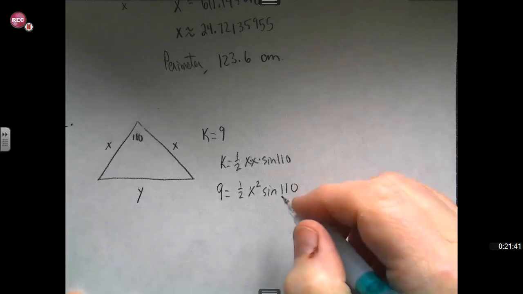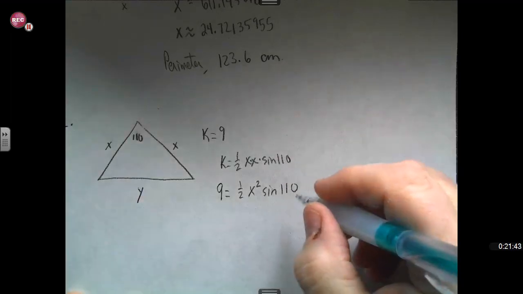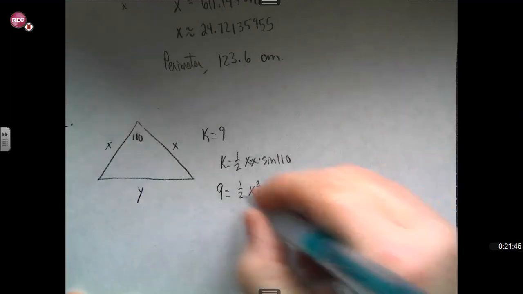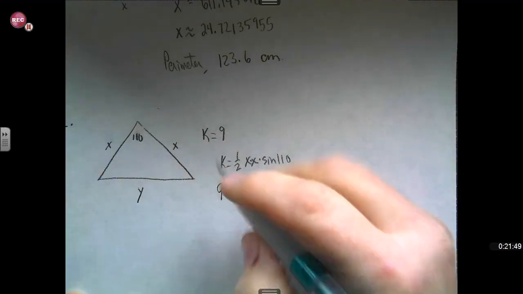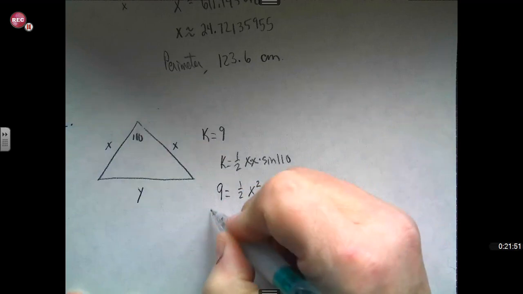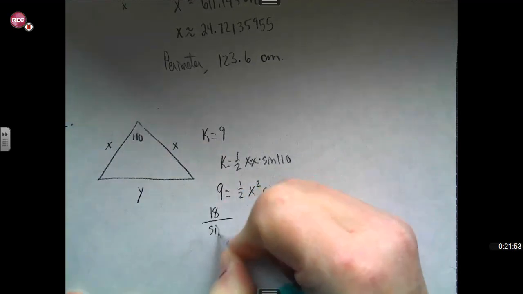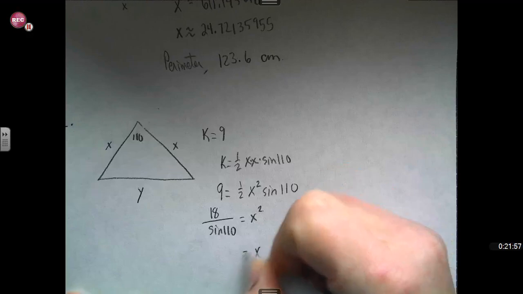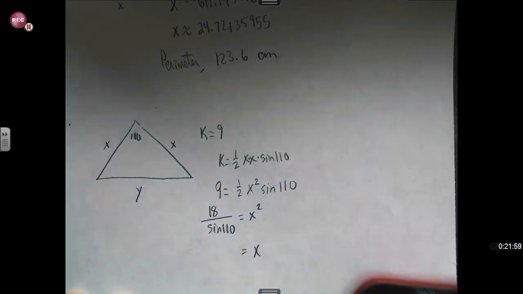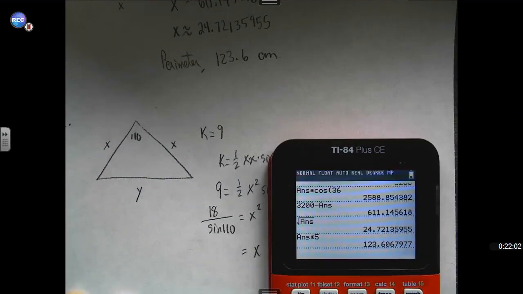And then that gives me 18 divided by sine 110 is x squared. So for x, I'm going to do two things here at once. See how that works out for me.